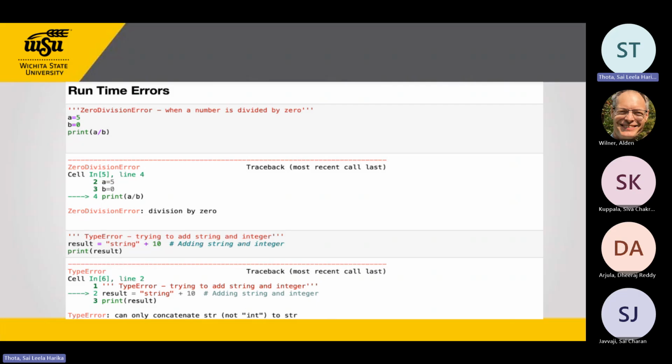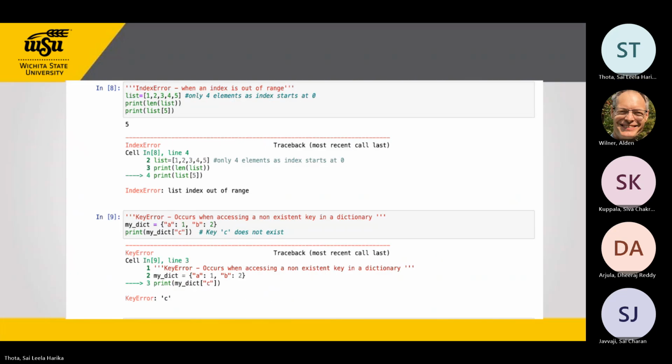You can add two strings, like if you gave a equal to hello and b equal to world, and you print a plus b, you get hello world, but you can't add a number to a string. Okay. And next, index error.